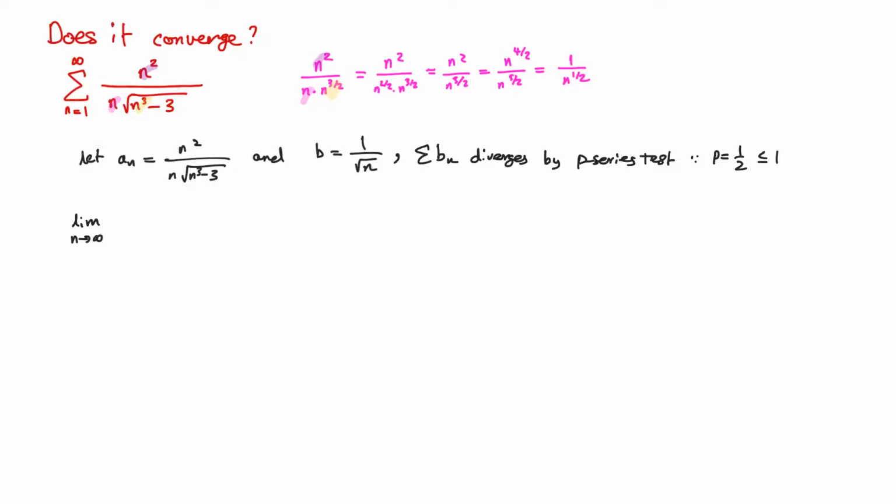So the limit as n approaches infinity of sequence A over B is equal to the limit as n approaches infinity of n squared over the square root of n cubed minus 3, multiplied by root n.